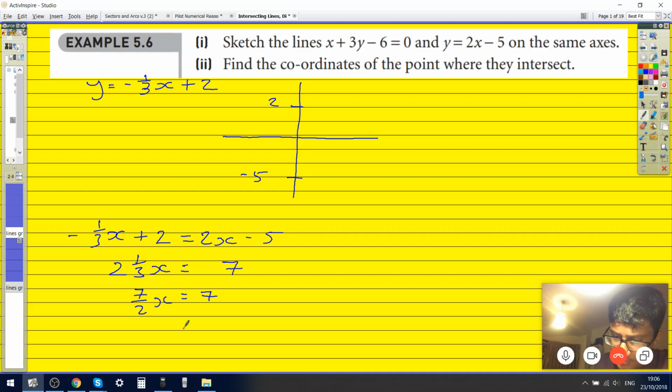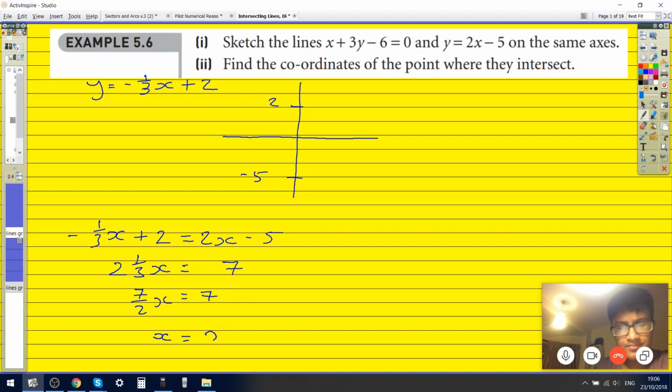So x equals 7 over 2 1/3, which is equal to 10.5 here.